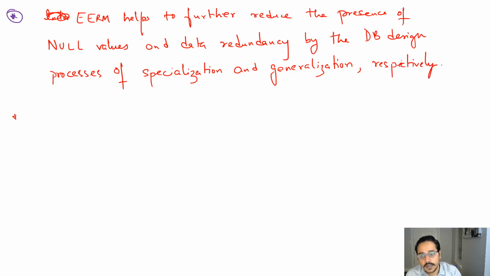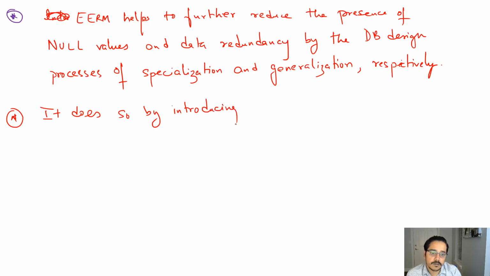Okay, and it does so by introducing the concept of attribute inheritance.